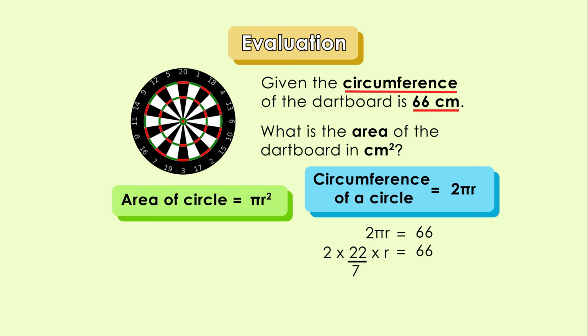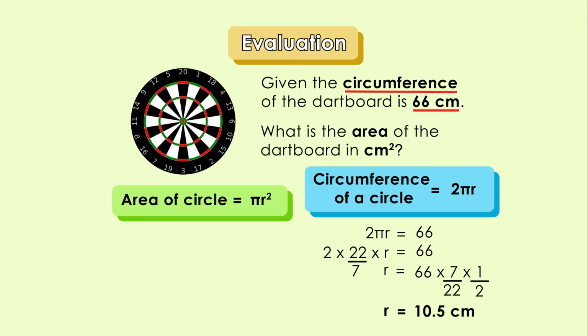Rearrange the equation to make r as the subject of this equation. R is equal to 66 multiplied by 7/22 multiplied by 1/2. What did you get for the radius? Well done! The radius of the dartboard is 10.5 centimeters.